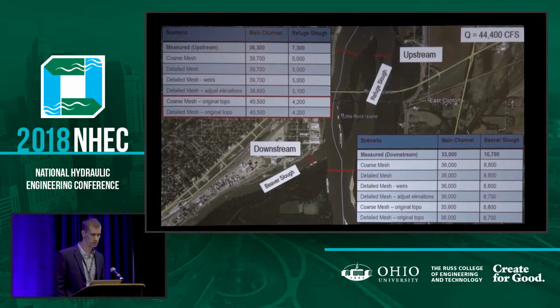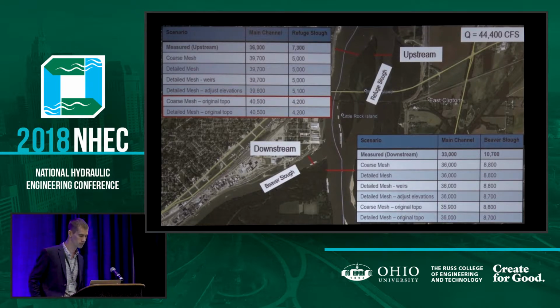None of those really made much of a difference on the flow split. One thing that did make a difference was we got some additional multi-beam data that was collected downstream of the bridge that we didn't have for those top 4 model runs. So that did have some effect, but overall not a whole lot.